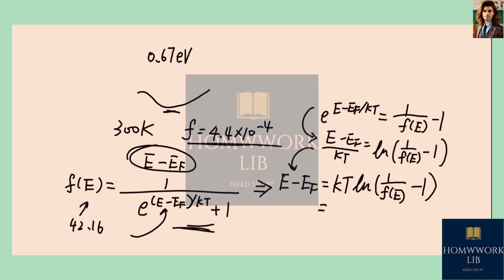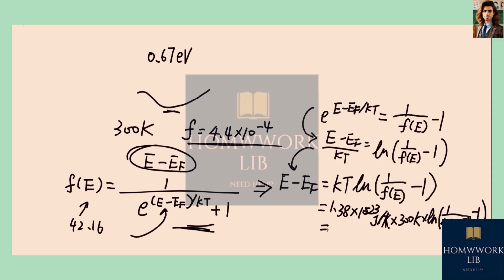And then we can finally use all the constants, the actual numbers: 10 to the negative 3 electronvolts per Kelvin, times 300 Kelvin, and then times ln of 1 over 4.4 times 10 to the negative 4 minus 1.